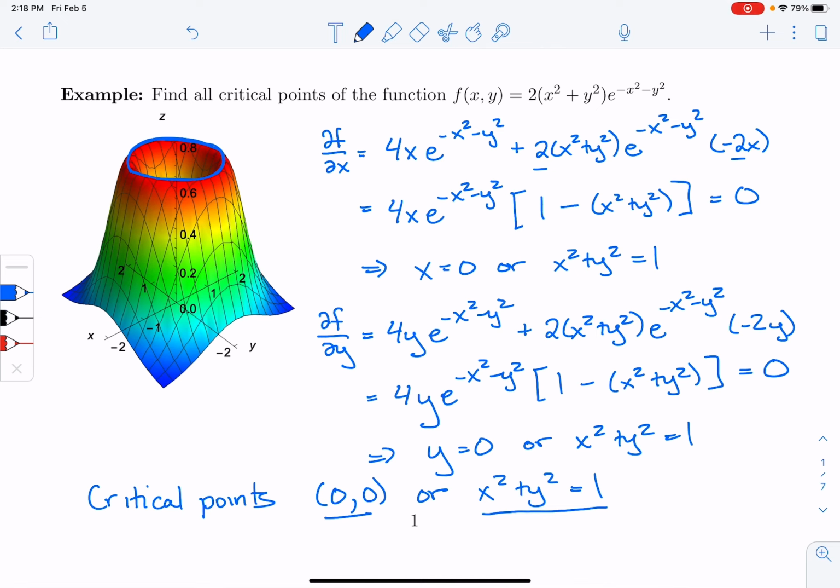Each one of those points on that circle is a maximum, and you can see that. So this is kind of a cool example because we have an infinite number of critical points, and not something like we had before where we would just have, say, a finite set of critical points.